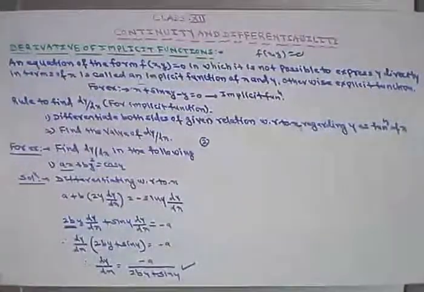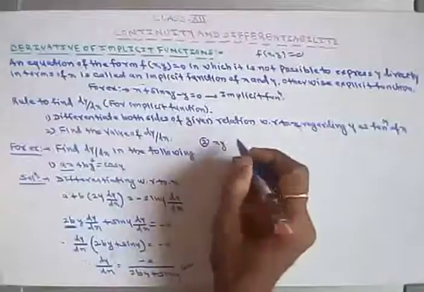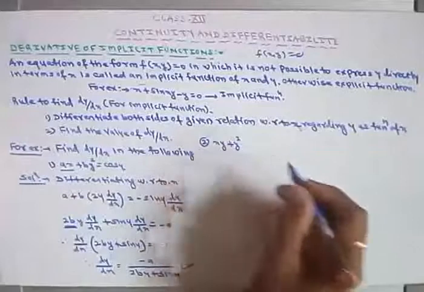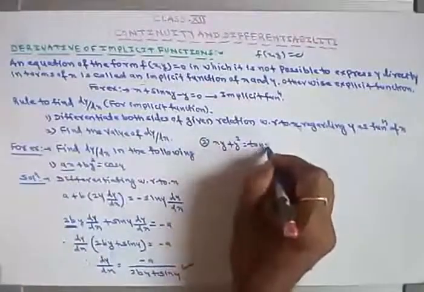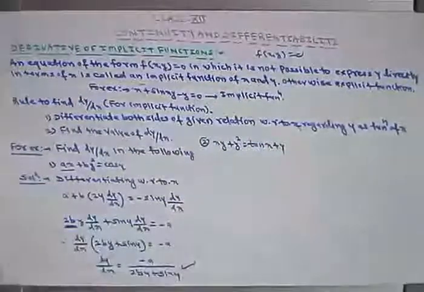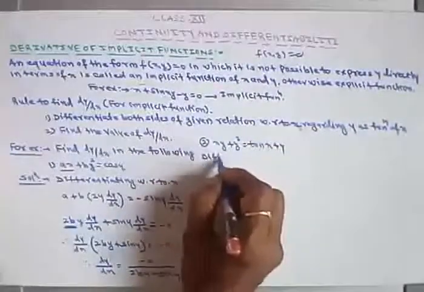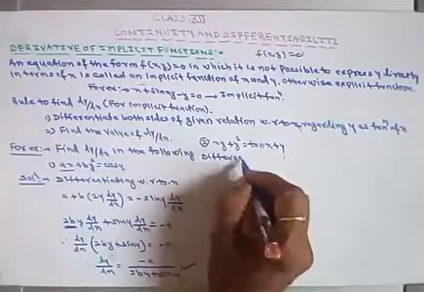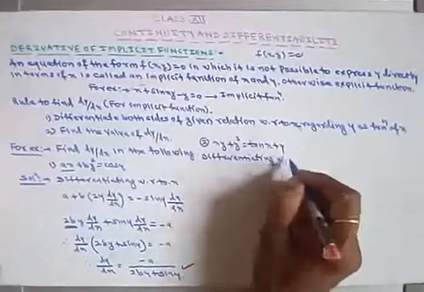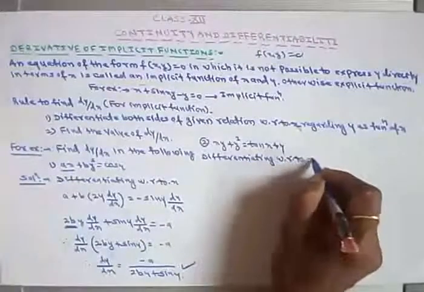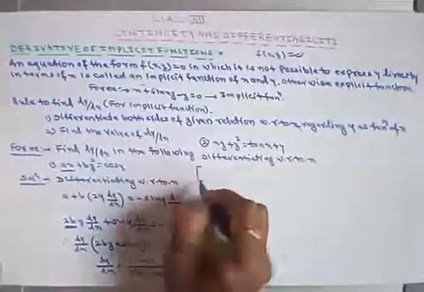Suppose take ax into y plus y square equal to tan x plus y. Okay, now differentiating this with respect to x. So x into y product is there, so we have to use the product rule.